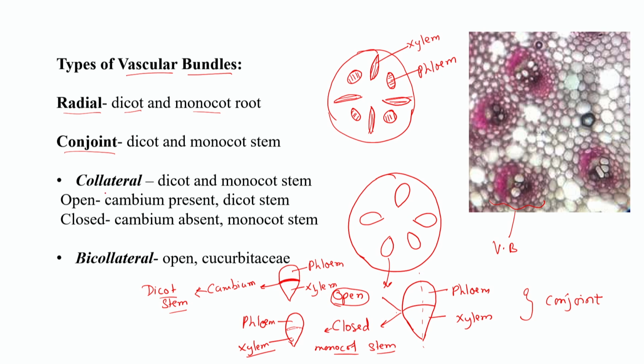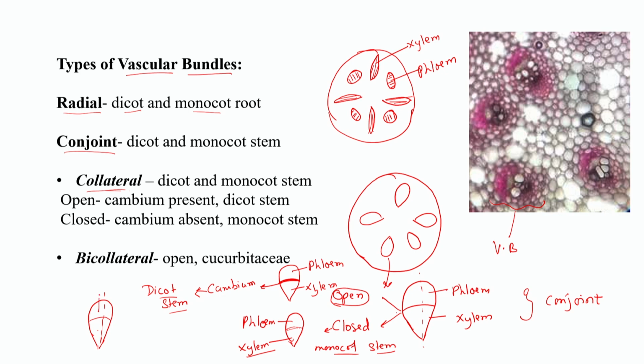Then you have the collateral vascular bundle. In conjoint also, they can be collateral, meaning xylem and phloem lie together on the same radius, in which phloem is outward and xylem is inward. This situation is definitely on the same radius, but the situation could be opposite also, like if we label this as xylem or this as phloem.